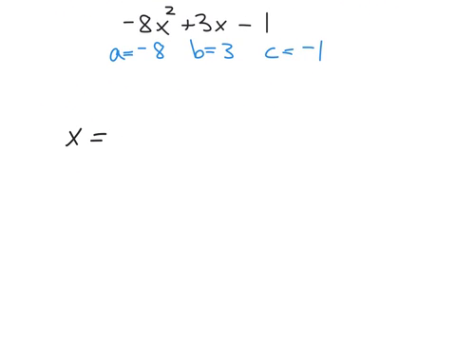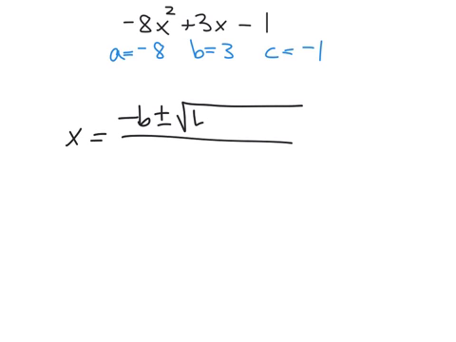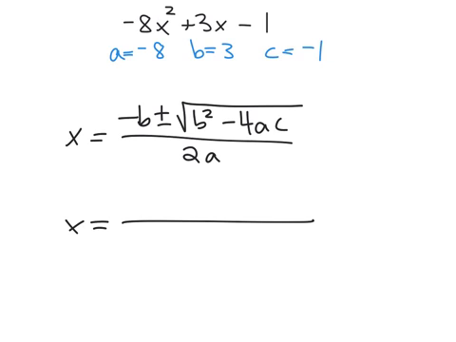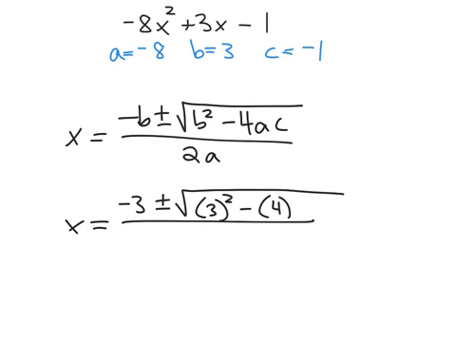So x equals negative b plus or minus the square root of b squared minus 4ac, all over 2a. And so now we can start substituting. So you get negative 3 plus or minus the square root of 3 squared minus 4 times negative 8 times negative 1, all over 2 times negative 8.